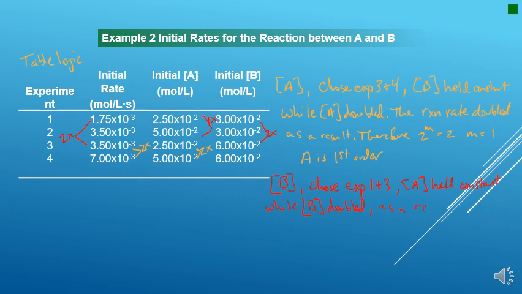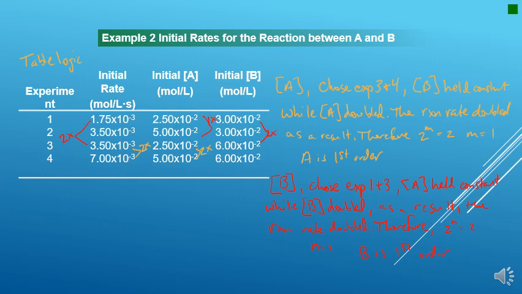As a result, the reaction rate doubled. Therefore, we have 2 to the n equals 2, so n equals 1, and B is first order.